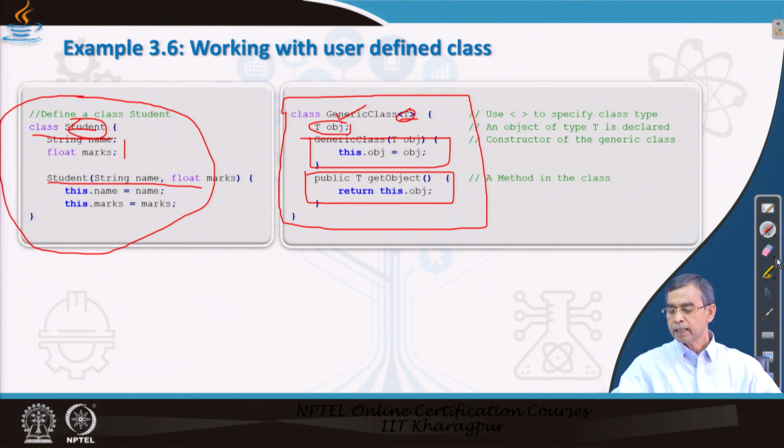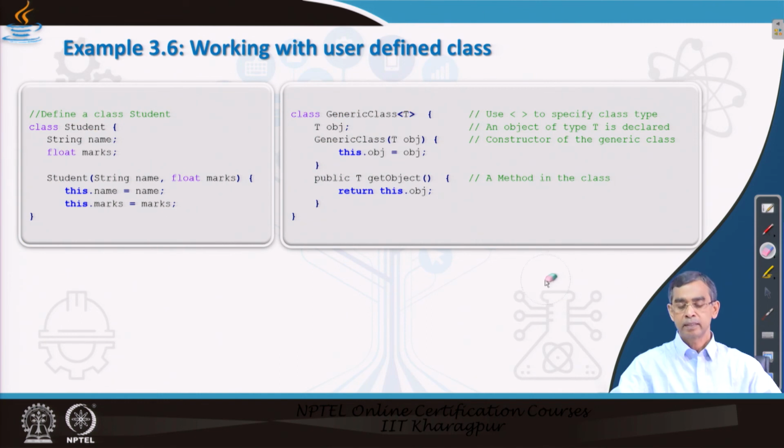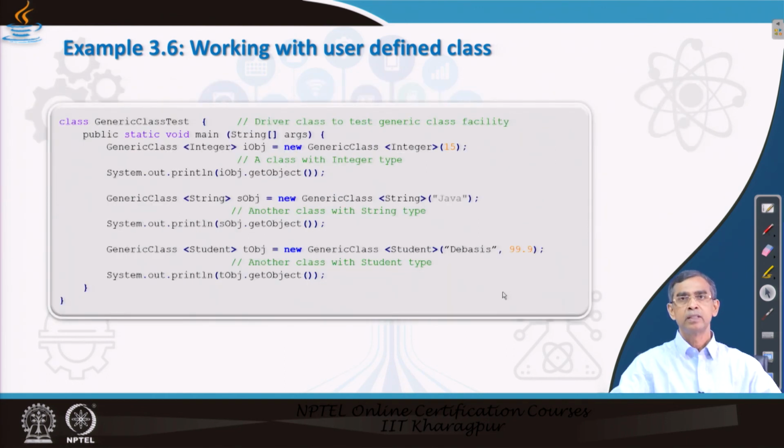So, this is the idea about the generic class declaration for any type, and then we can declare a main method to use this definition, and here is an example. This is the main class, the driver class, the main method. Now, here we use the class that we have discussed earlier.